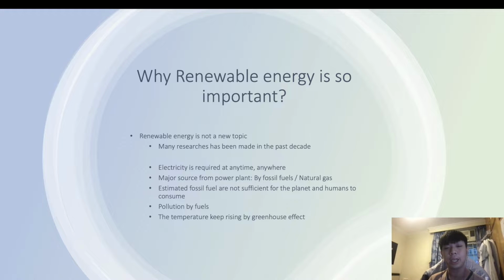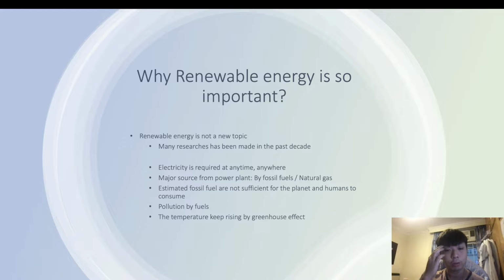Electricity is required at any time and anywhere. For example, smartphones, computers, any electronic devices, with the rapid growth of 5G and IoT implementation in global smart cities, or even bathing, lighting, air conditioning, all require electricity.